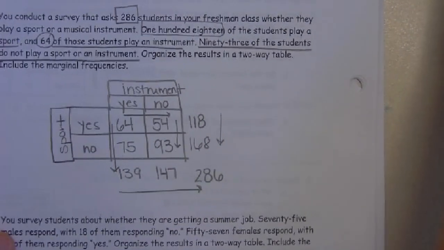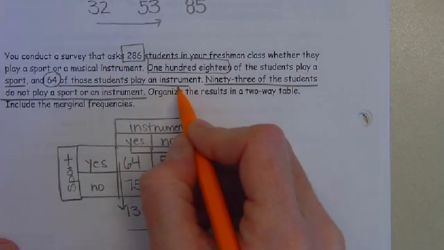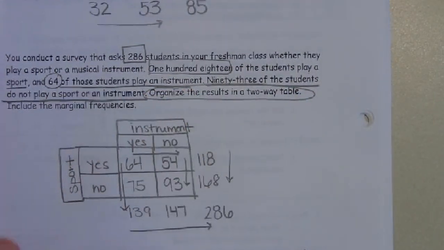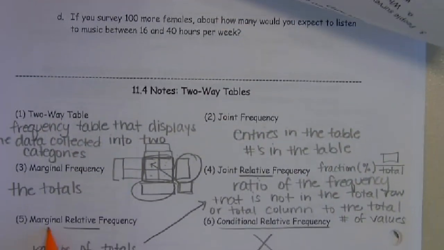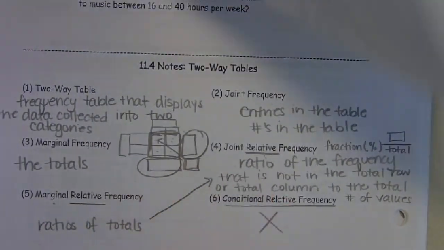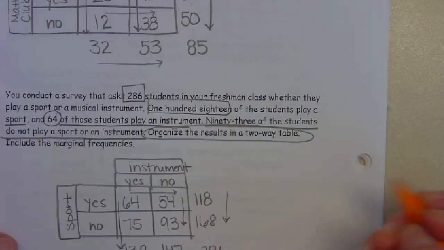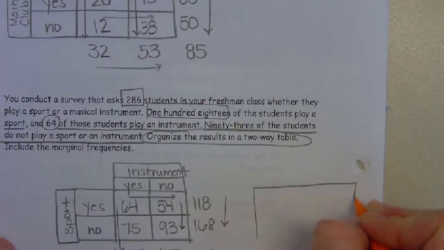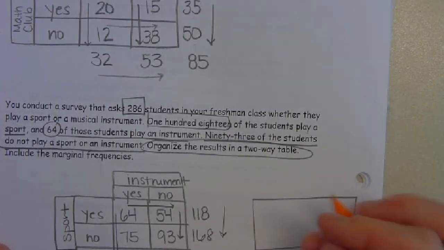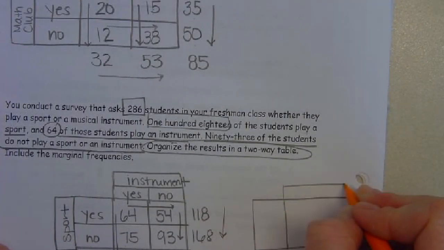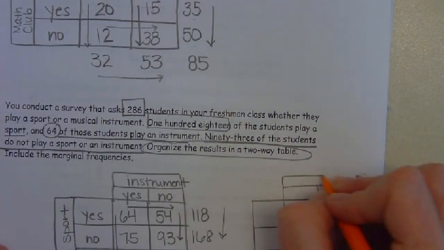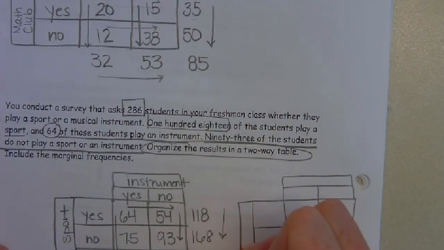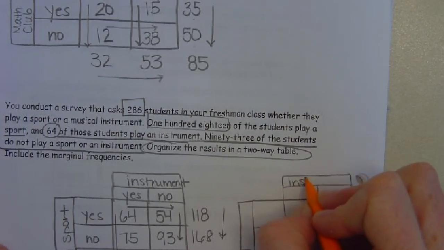All right, so now here's the deal. That's my organization into a two-way table. If you recall over here, we had these marginal relative frequencies that we talked about and joint relative frequencies. So now we also have to organize this with our percentages. This is what I meant earlier when I said we need to use those percentages or those ratios.